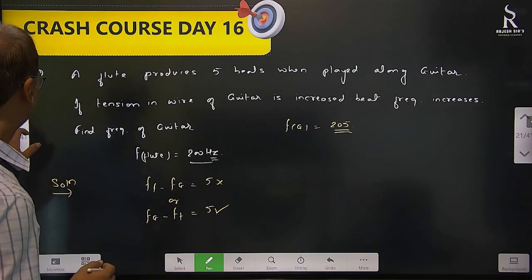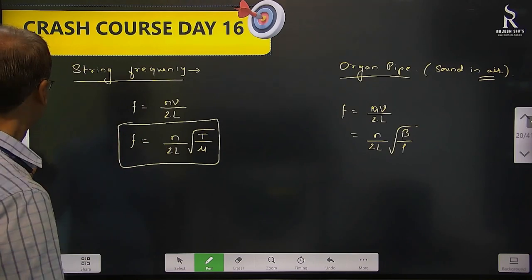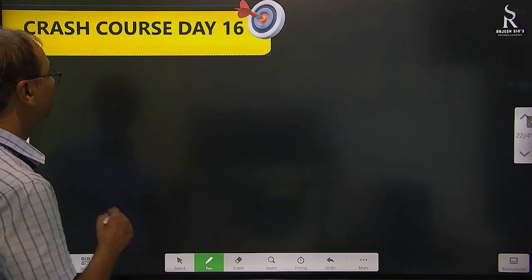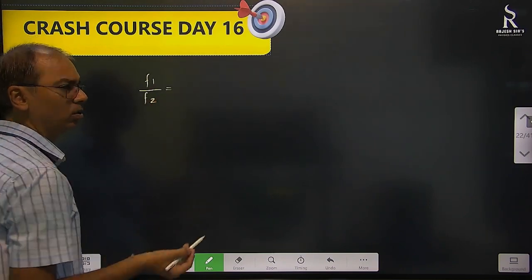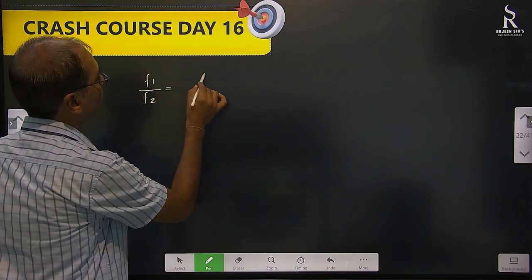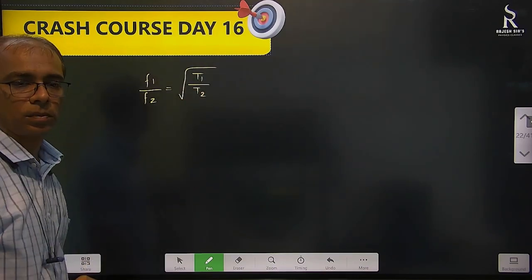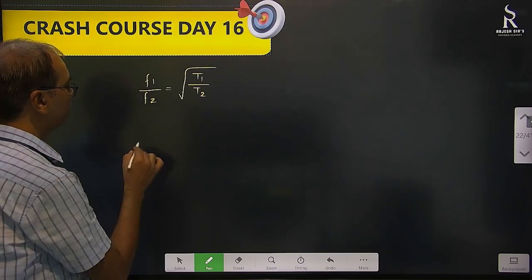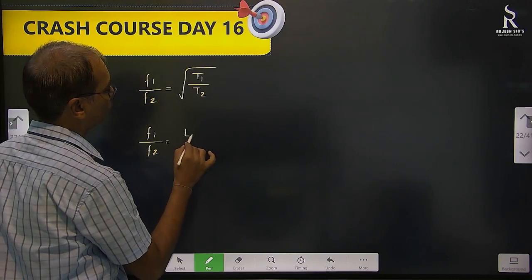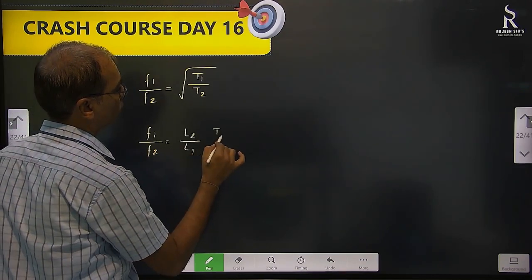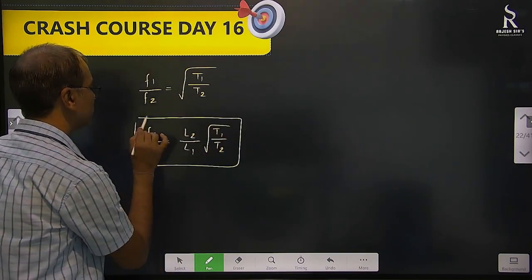If the length is given the same, then we will say F1 by F2 is root of T1 by T2. Or if length is different, then F1 by F2 will be equal to L2 by L1 into root of T1 by T2. So it depends on how the question is asked.